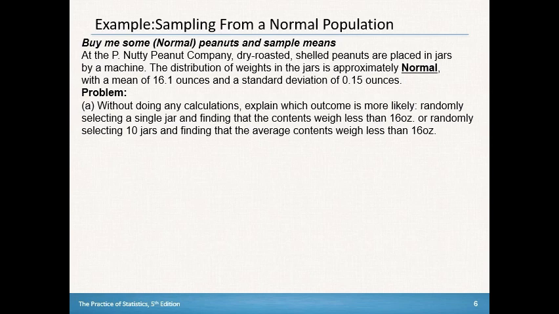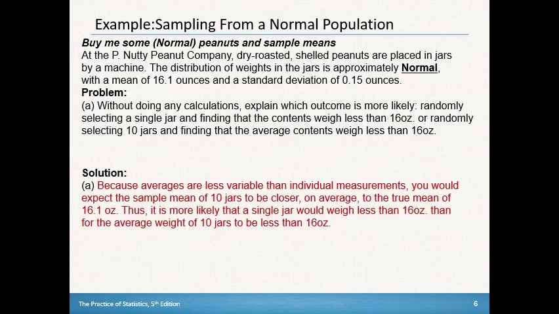Without doing any calculations, explain which outcome is more likely: randomly selecting a single jar and finding that its contents weigh less than 16 ounces, or randomly selecting 10 jars and finding that the average content of those 10 jars is less than 16 ounces.